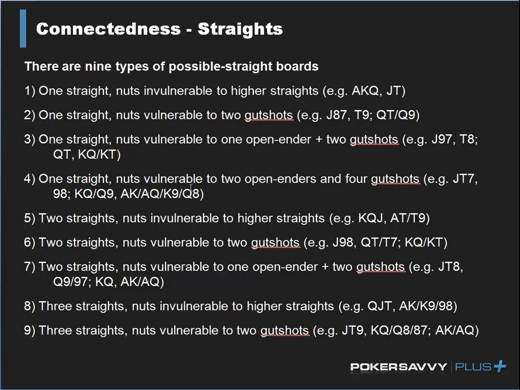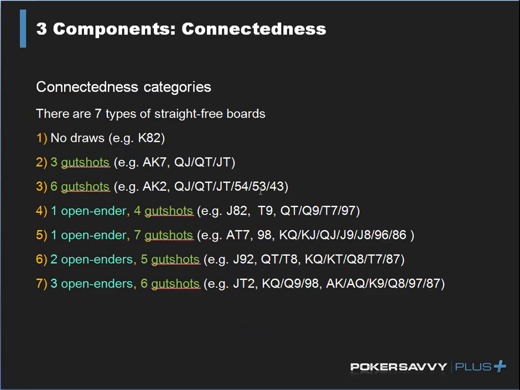Now you should be able to see, or if you flip back between this and the slide, I think it's 3 slides before, right here, the correspondence between the Jack 8-2 board, for example, with 10-9 and the 2 over gut shots, and Jack 8-7 where we've already completed the straight, but we still have the over gut shots to beat it.